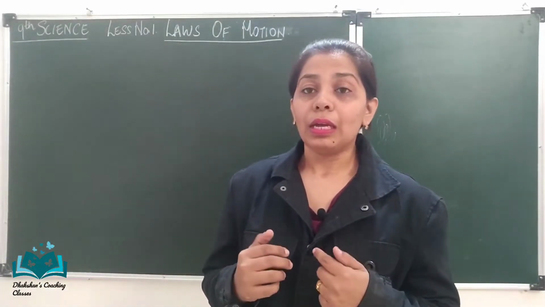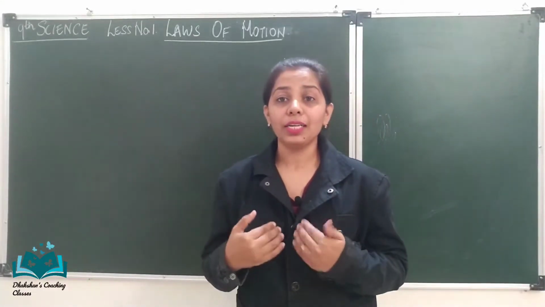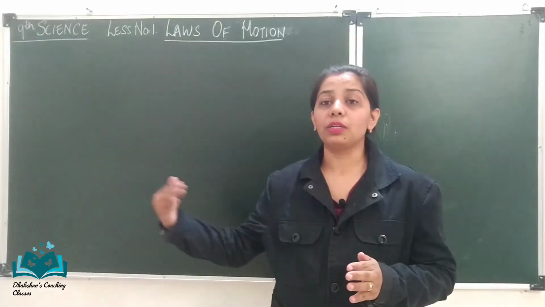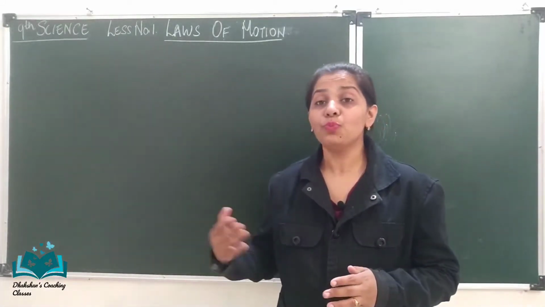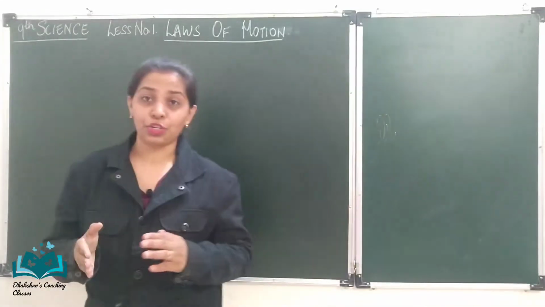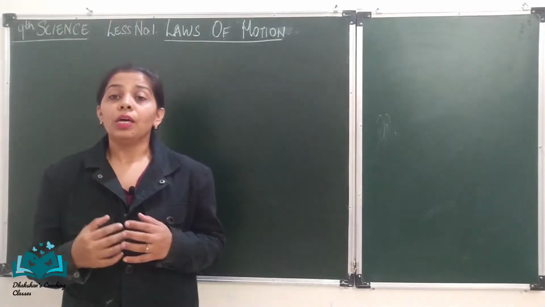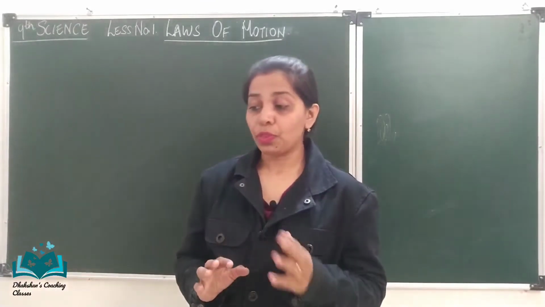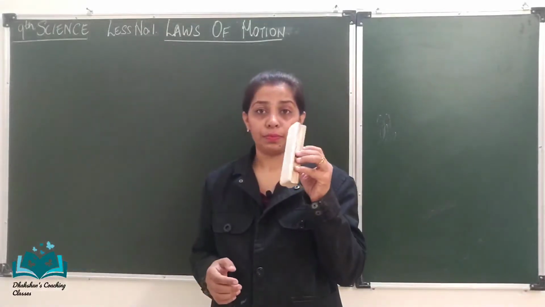So now when I say that an object or I travel from a certain point to certain another point, this movement of me moving from position A to position B is called as motion. Now when I talk about motion, any object, now for example, this duster.